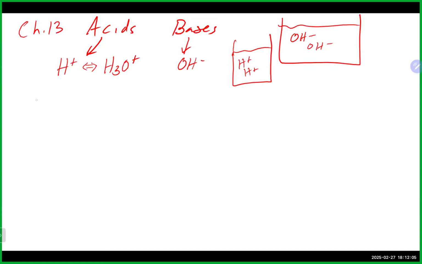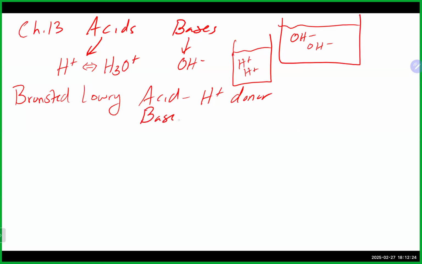A more general definition of acid and base that most people think of is the Bronsted-Lowry definition. In the Bronsted-Lowry definition, an acid is a proton donor. So again, that would obviously be something that gives away an H plus, while a base is a proton acceptor.